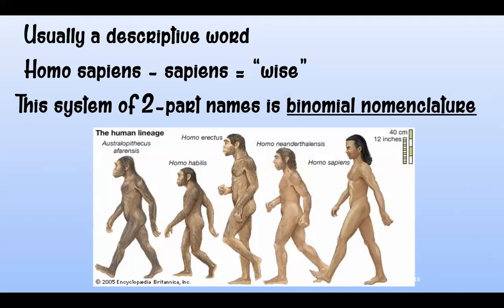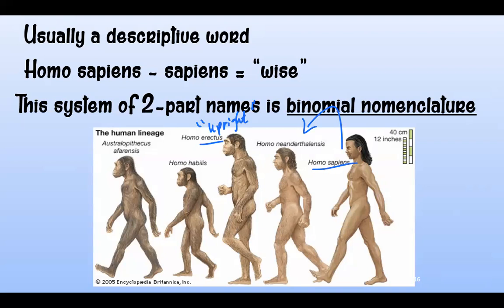Here you can see our ancestors. So these are the organisms that we evolved from. So this is us. Our most recent common ancestor is Homo neanderthalensis. Those are the Neanderthals or the caveman. Homo erectus. Erectus means upright.